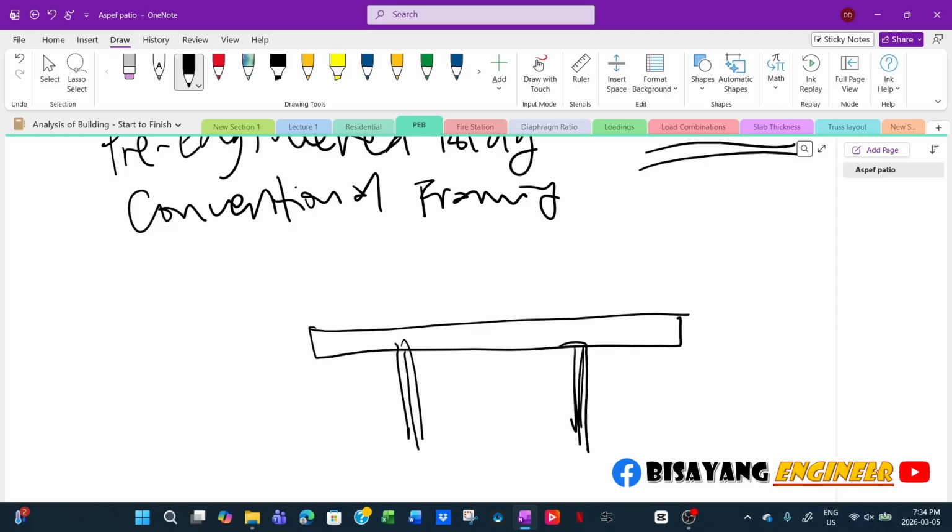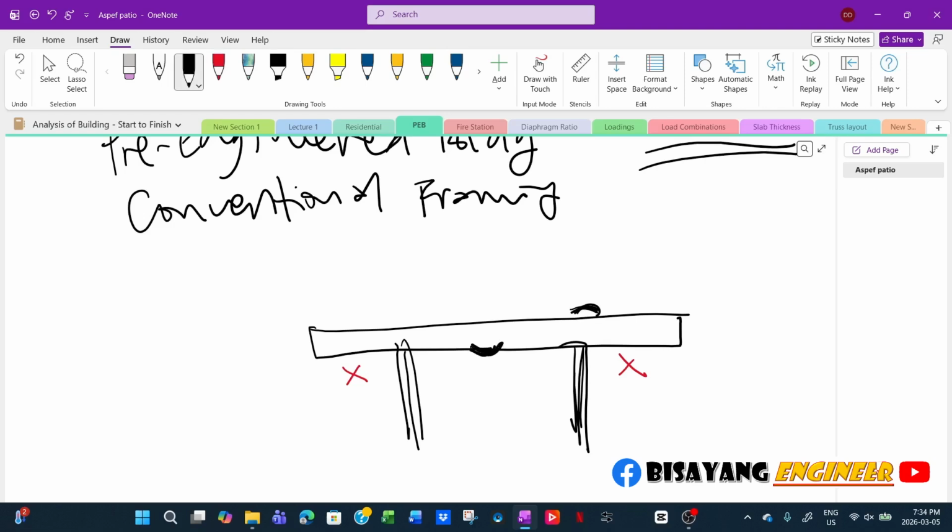This even came out in the board exam, and the question would be what would be the maximum distance x so that the negative bending here is equal to the positive bending.